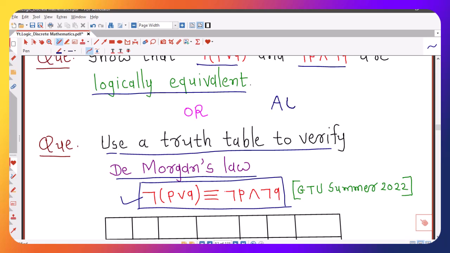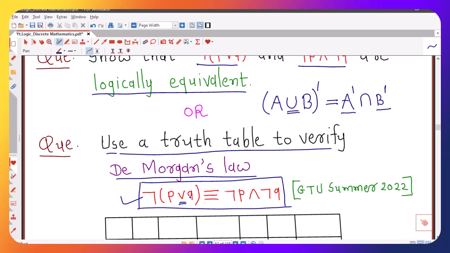We know that the complement of the union of two sets is equal to the intersection of complements. Complement of A union B is equal to A complement intersection B complement. Here, instead of union we have the OR operation, and we are taking negation of P or Q. Negation we can consider as complement.